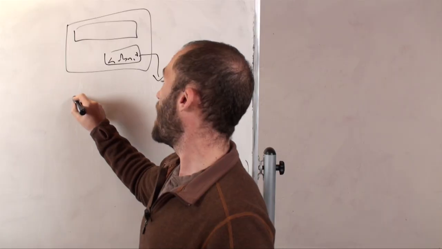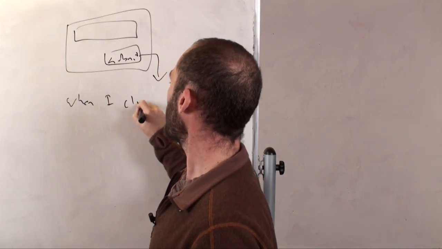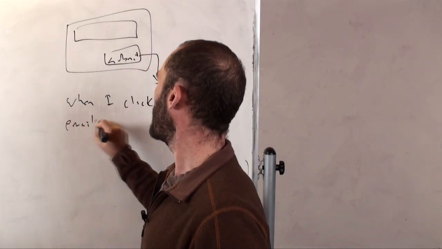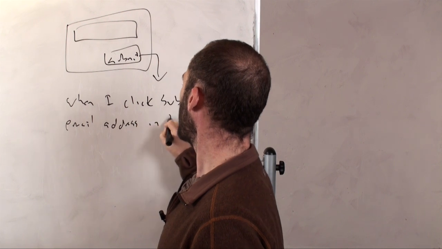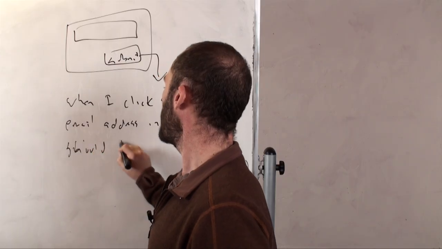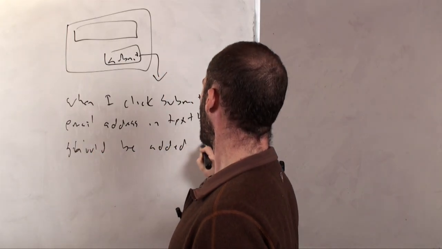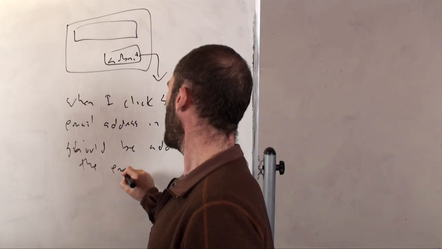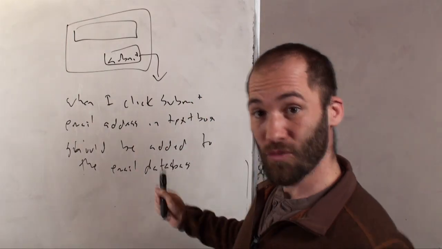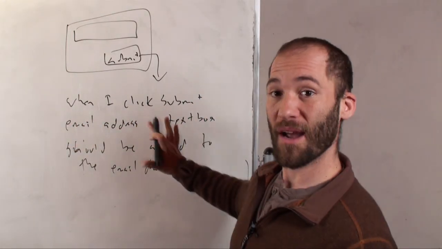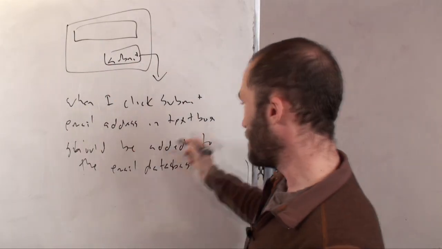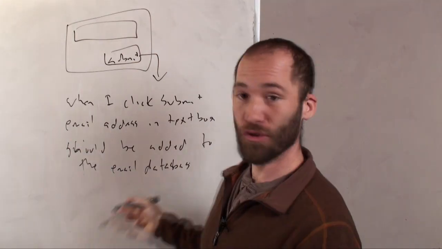So we would say, when I click submit, email address in text box should be added to the email database. So basically all we do is we write out in longhand what we want to have happen when we click submit. When I click the submit button, the email address in the text box should be added to the email database.